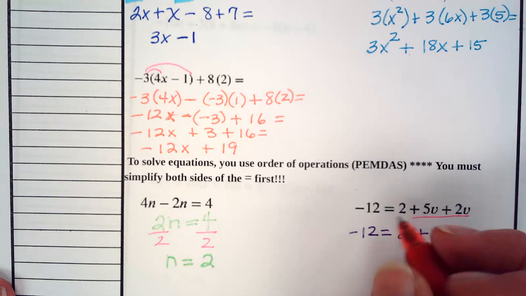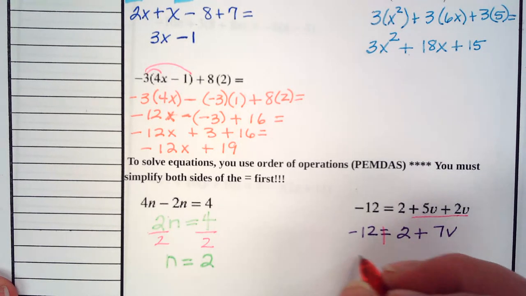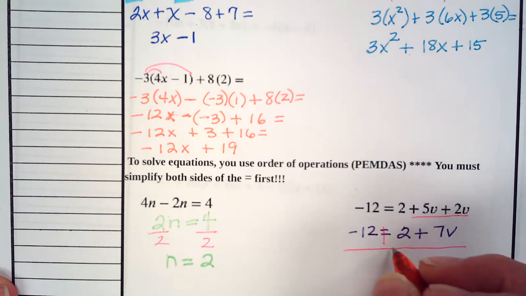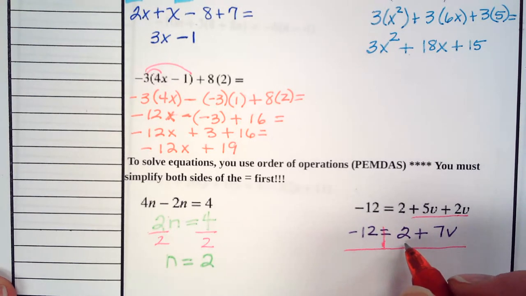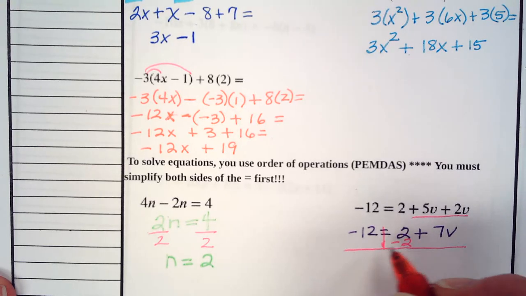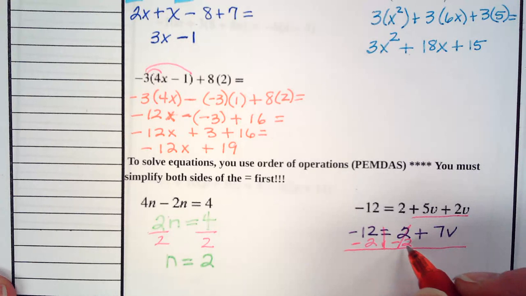Now we're ready to solve. Draw the line. Keep your column straight. I need to get the 2 to the other side. You think opposites. What is the opposite of positive 2? Negative 2. I've canceled out because that is 0.